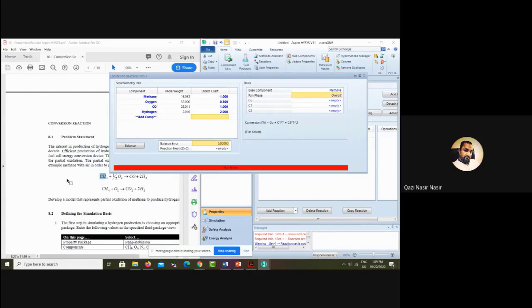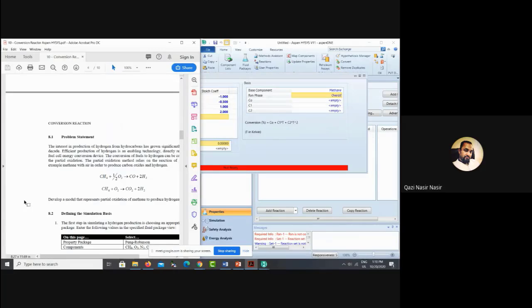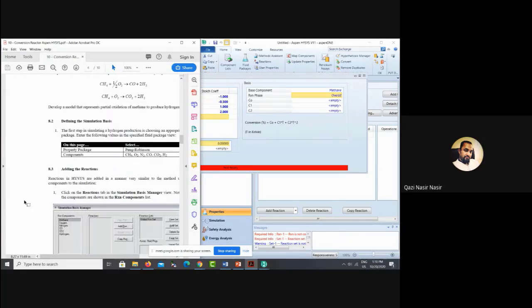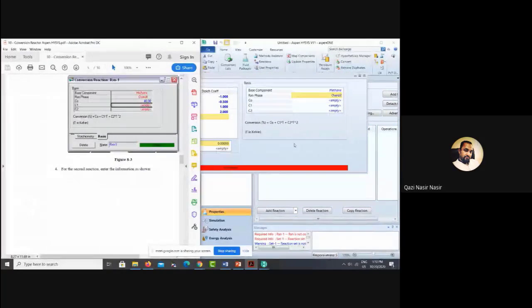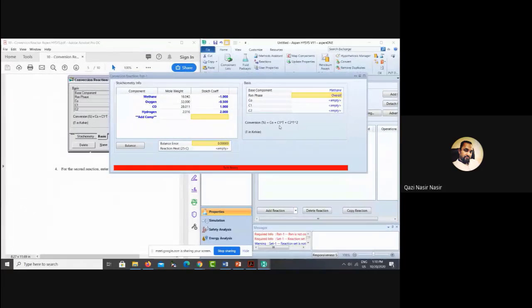Okay, but since we don't know exactly what C1 and C2 are, the only thing we know is that this reaction is happening 40%. So if we know that this reaction is happening 40%, what we need to do is ignore this part, and put 40 here, replacing C naught with 40.